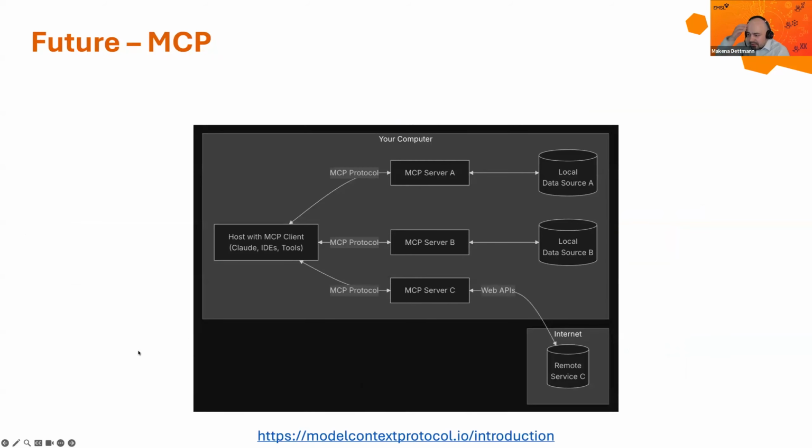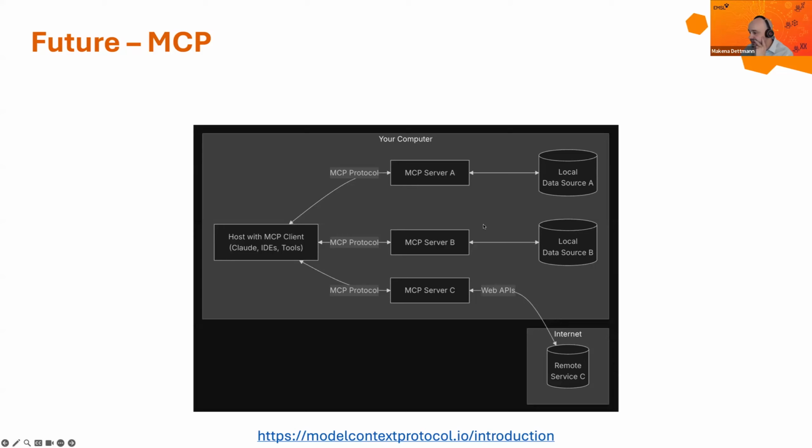Next, I'm going to talk a little bit about MCP. So this is a newer technology developed by Anthropic. It's sort of a standard for how to interface with different resources. You'll notice in this image, which is provided by Anthropic, that it's mostly local.